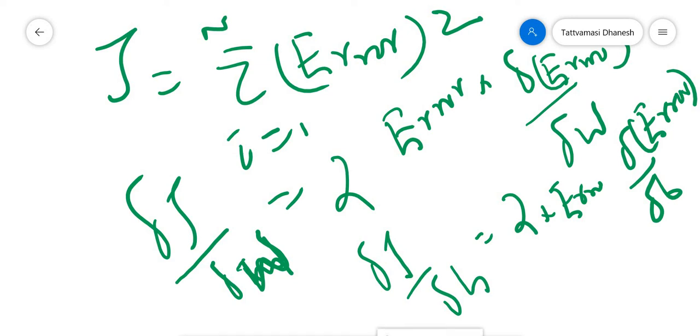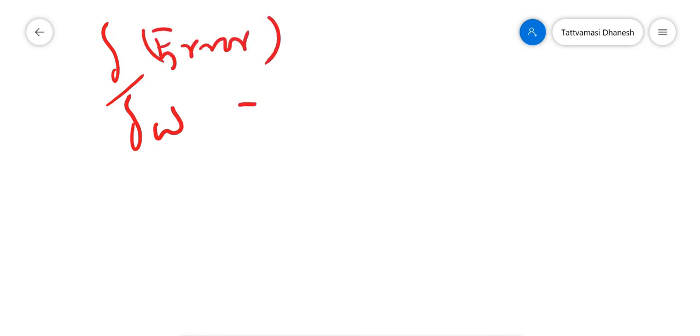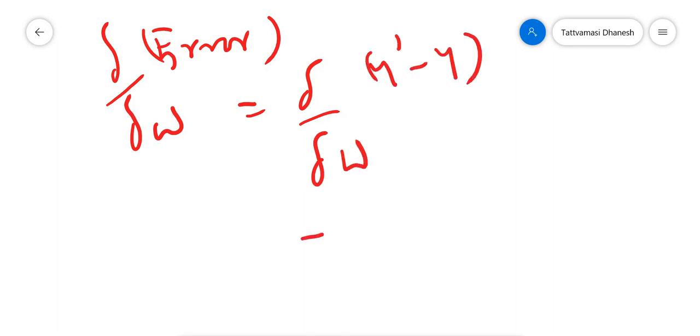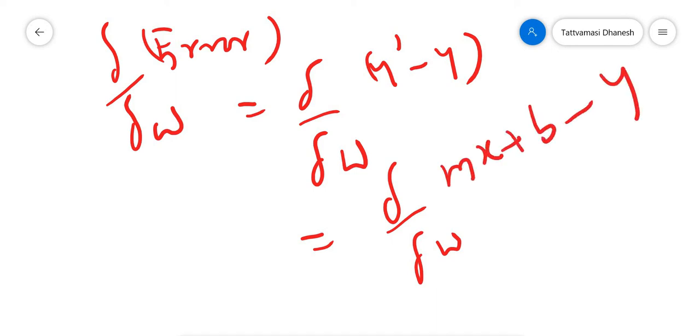I am going to calculate it. See, error is y dash minus y. What is y dash? y dash is mx plus b, so it is ∂/∂W of mx plus b minus y.